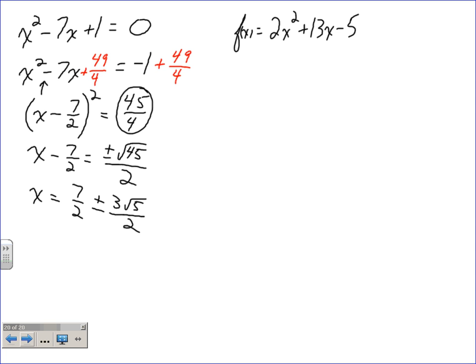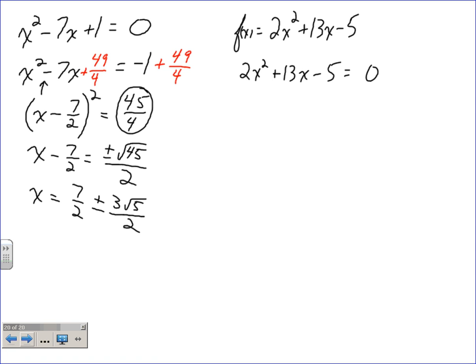Remember, find the roots, find the zeros, find the solution, find the x-intercept. It's all the same. I want to find the zeros. So I want to find where 2x squared plus 13x minus 5 equals 0.